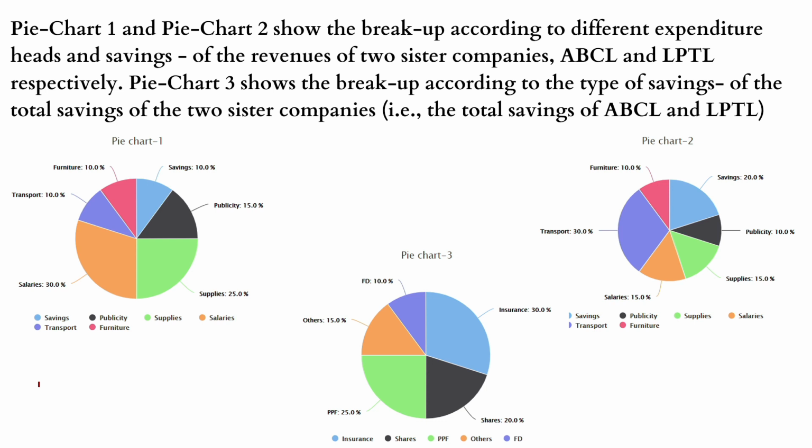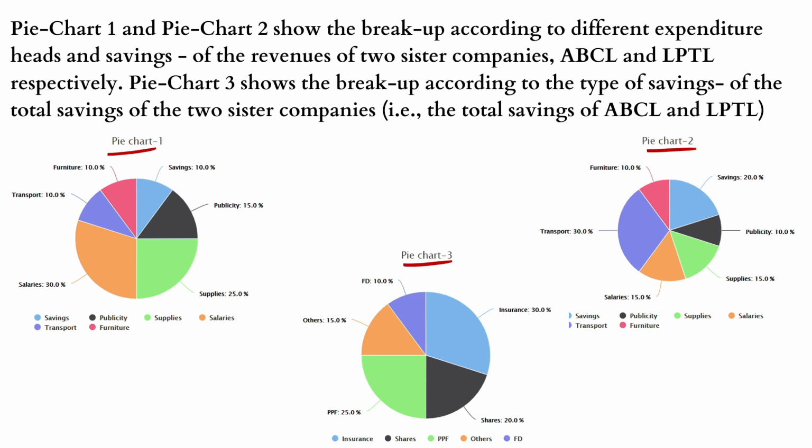So we have three pie charts here. This is one, this is the second, and this is the third. Pie chart 1 and 2 show the different expenditures for ABCL and LPTL, whereas pie chart 3 shows the savings of both the companies.